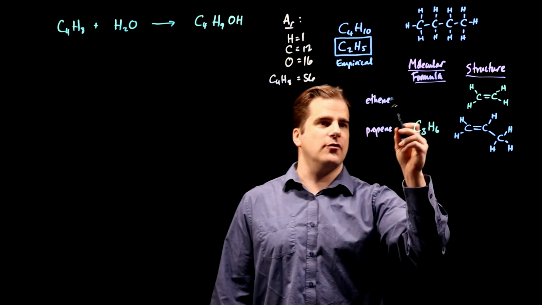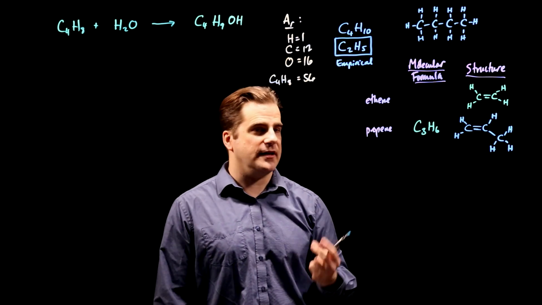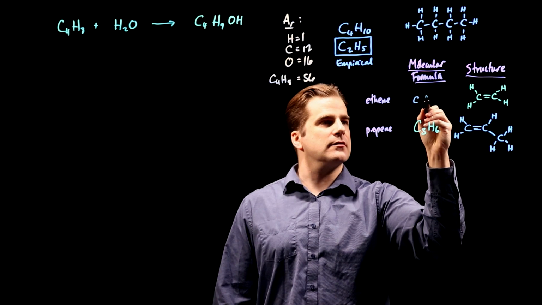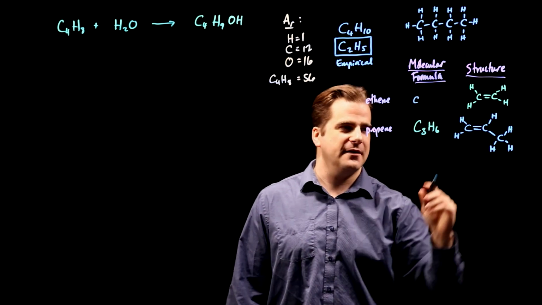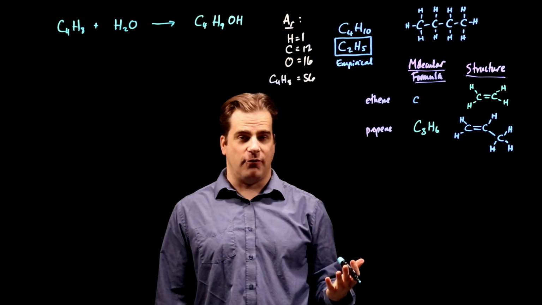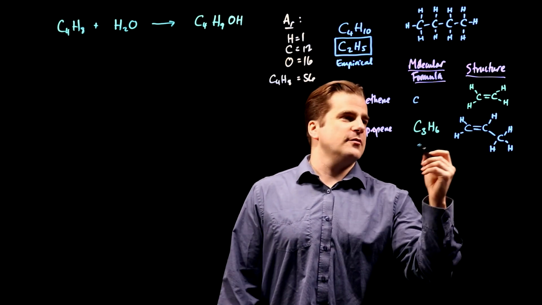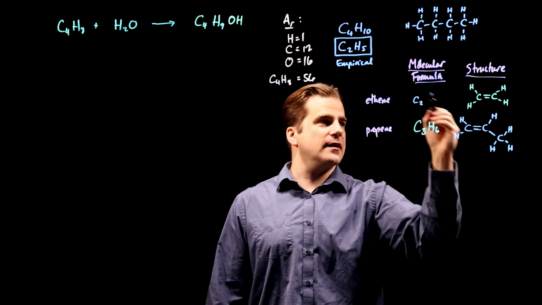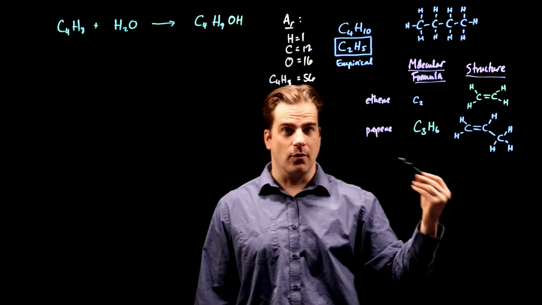Right, the molecular formula of ethene. Well, eth is 2, and it's an ene, so I was going to draw the structure, but no, he wants the actual formula. It's molecular, so we have to give the total number.